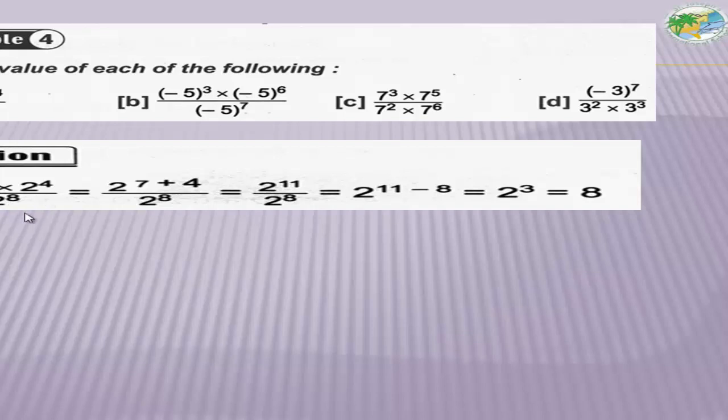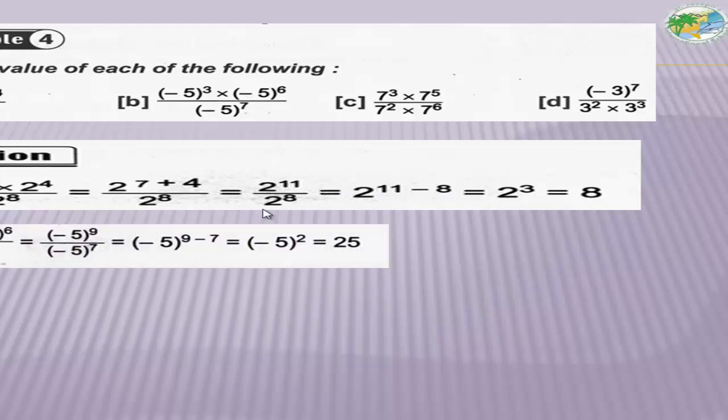The first step, we write the answer for the numerator, as if I don't see the denominator. So here 2 power 7 plus 4, because they have the same base we add the powers. So 2 power 11 over 2 power 8. Now we can use the property of division. It will be 2 power 11 minus 8 equals 2 power 3 equals 8.